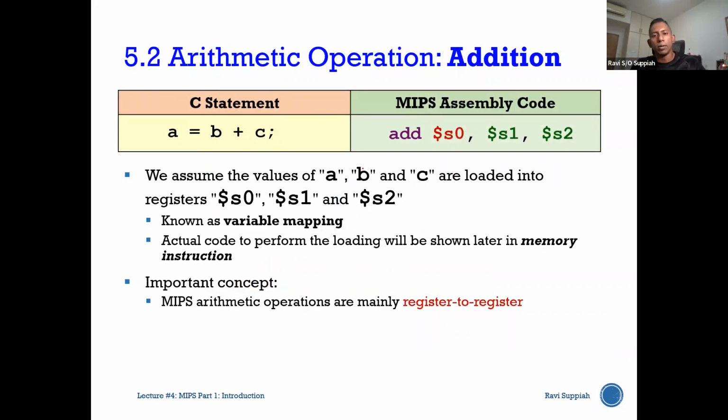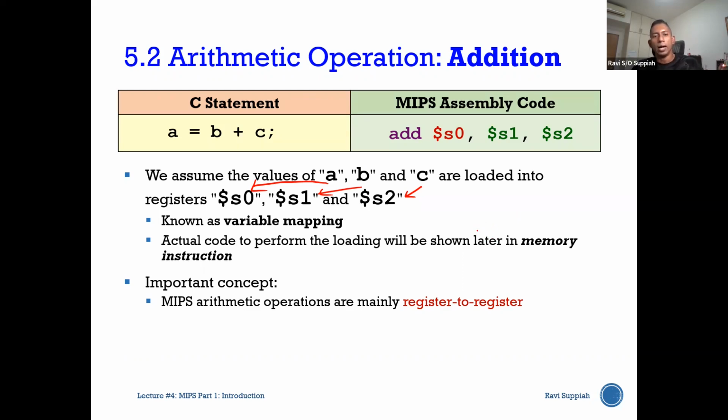A question you might ask is, how do I know which register a variable maps to? How can I say that A will map to S0, B will map to S1, or C will map to S2? This mapping of variables to registers is handled by the compiler, because when it's compiling the code, it will know which registers are available, and it will use those that are available and do the translation for us.